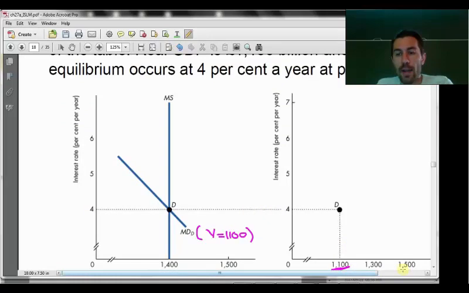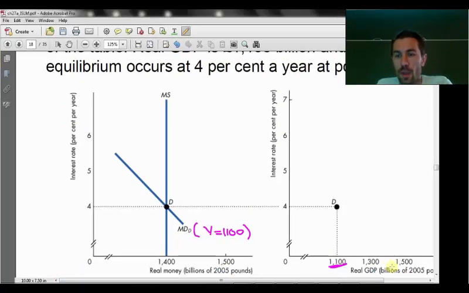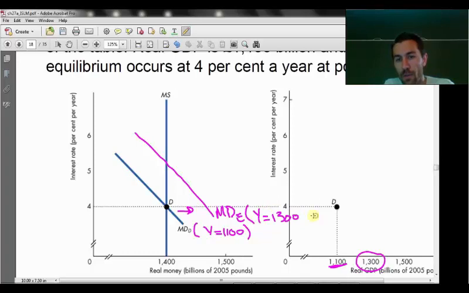So I was initially at 1,100. I'm now going to increase my level of GDP to 1,300. When I increase my level of GDP to 1,300, what happens to my transactions demand for money? Increases. What's it going to do to my money demand curve? Shifts it to the right. So if I plot in the second money demand curve, I'm going to call it MD2. MD2 is going to correspond to Y equal to 1,300.